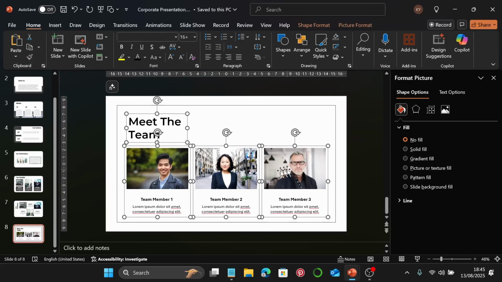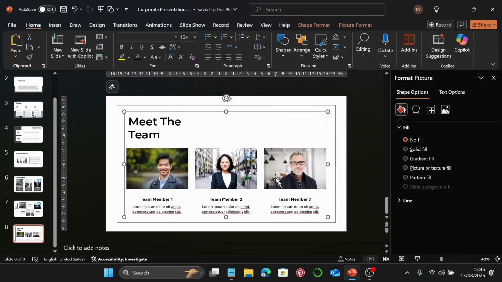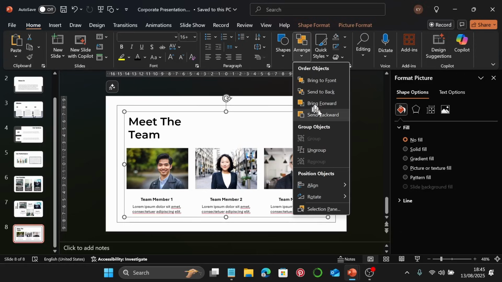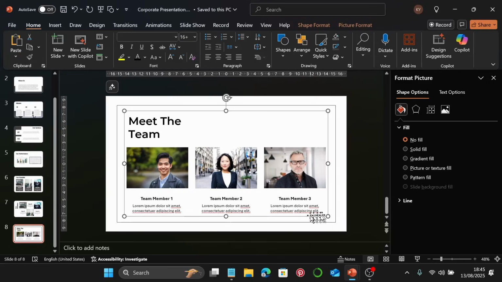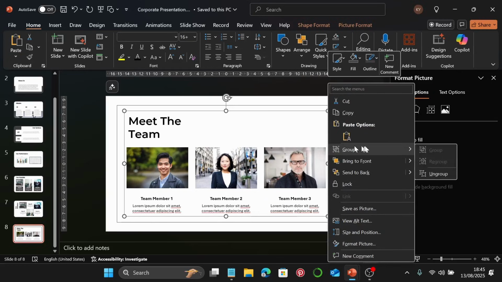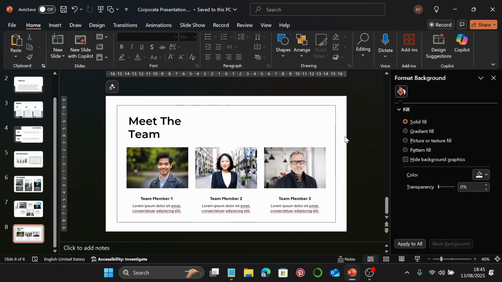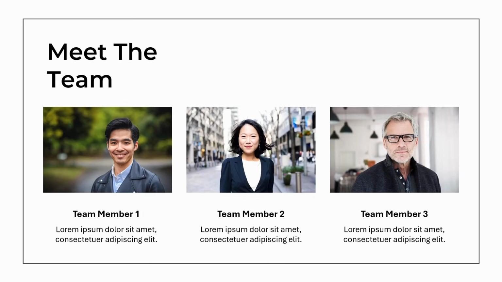This is where grouping comes in handy. So you can just group the entire thing, go to arrange, align, and I'm going to align middle, and it's just a little bit, but it just keeps things balanced. So I'm just going to ungroup it because I don't want it in a group. Escape, and yeah, let's see it in the slideshow. We're going to open this, and this is the Meet the Team slide.